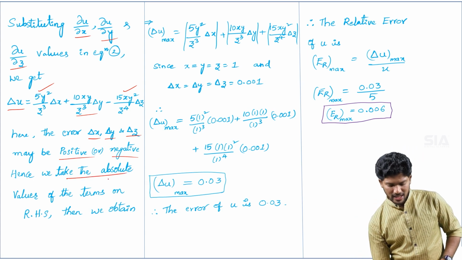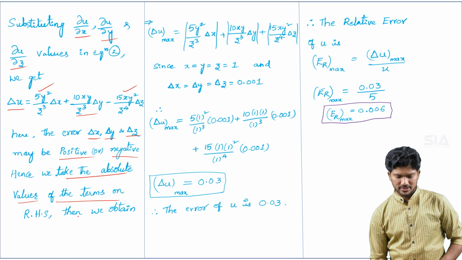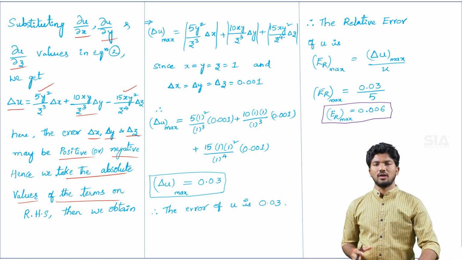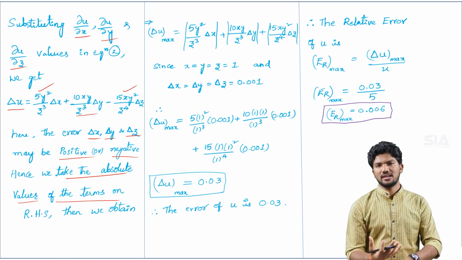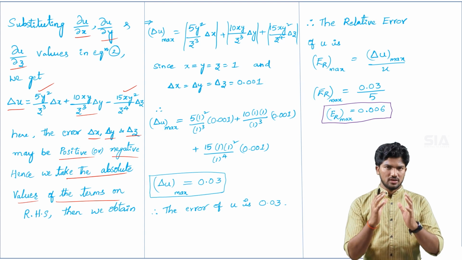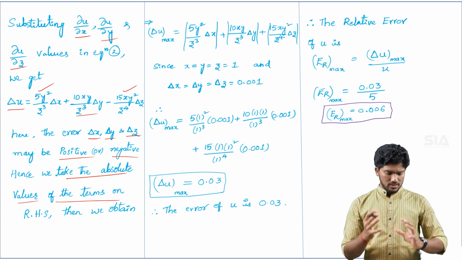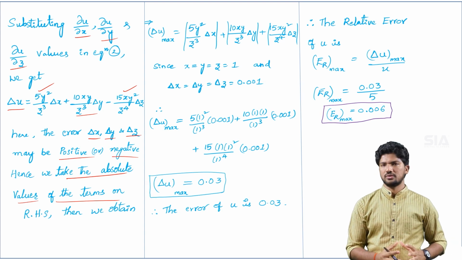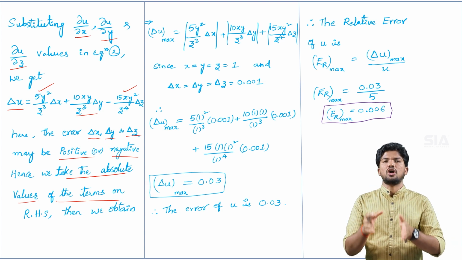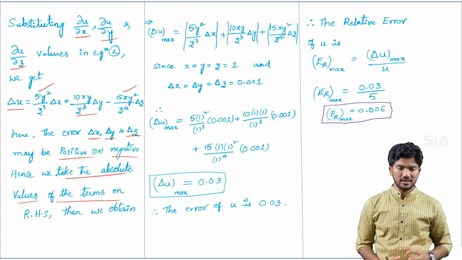Hence we take the absolute values of the terms on the RHS. In this problem we have positive error. In some cases, if you get negative errors, then to avoid difficulty in simplification we apply the magnitude, which is nothing but the mod value of the given error value.